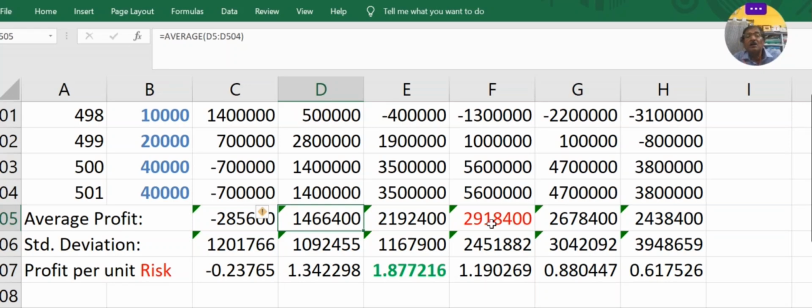But maximum profit alone should not be the criteria. That's why the risk is also calculated here at the same time. Risk means standard deviation. For this case, the standard deviation is in this way.